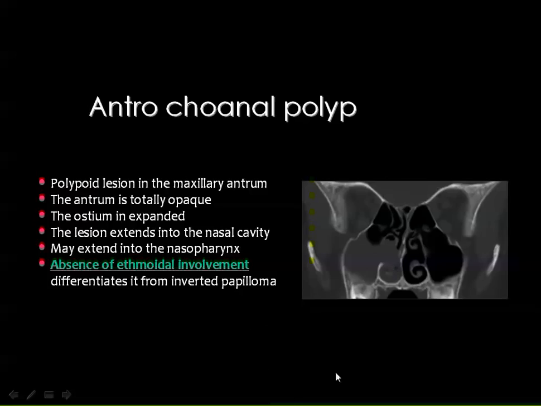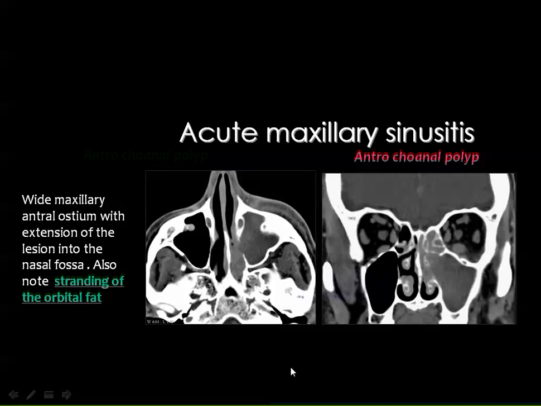Many say that clearance of the ethmoidal air cells is necessary for the diagnosis and for differentiating this from another lesion which may simulate it, known as inverted papilloma, and I will come to it in the discussion of benign tumors of the paranasal sinuses.